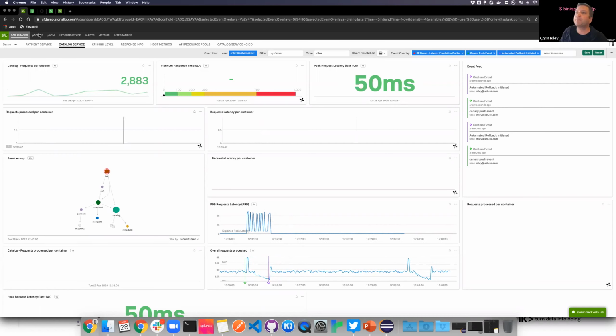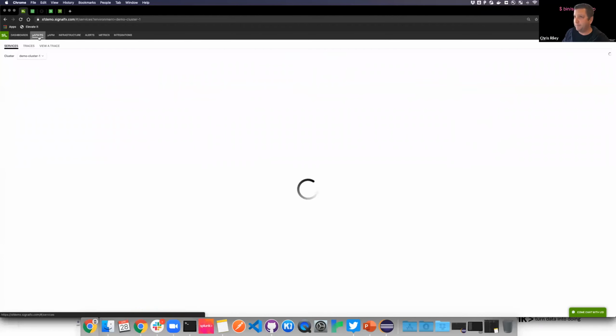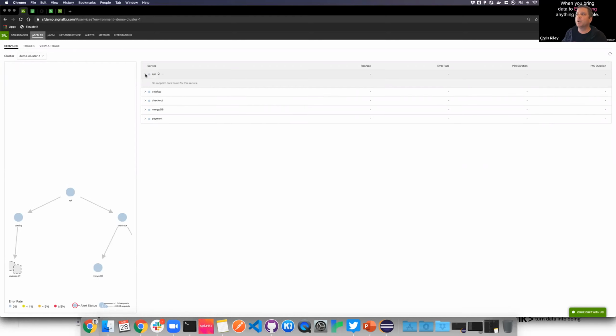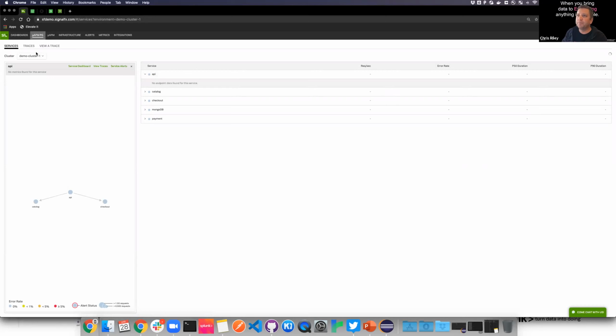Now I want to take a different look at it and actually dive into kind of the traces perspective. Again, we're looking at service maps here where we want to look at the various services and their relationships. So let's say we get an event from the API, but the issue is actually in the database.